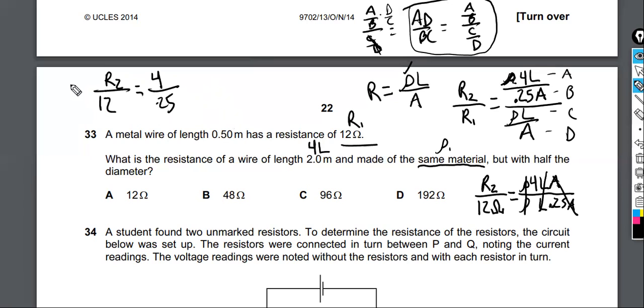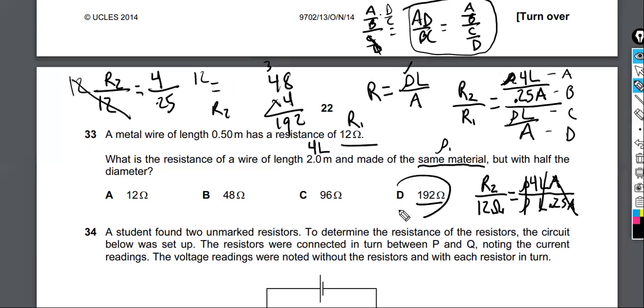Multiply this out by 12. So R2 is 12 times 4 divided by 0.25. So that's 48 divided by 0.25. That's 48 times 4. That must be this number. All right, 48 times 4 is 192. So it looks like D is the right answer.